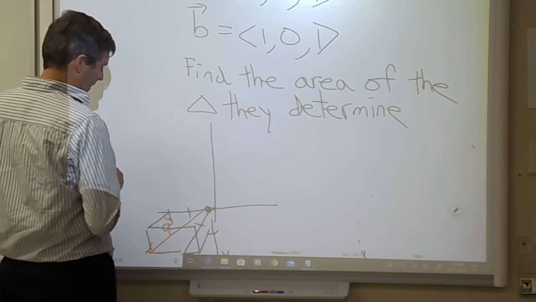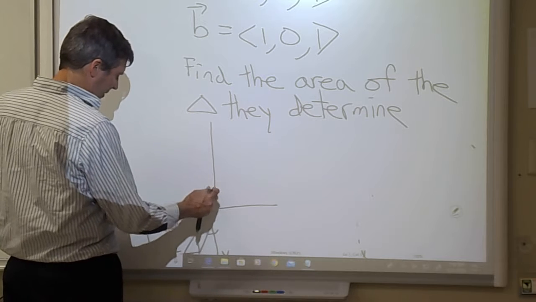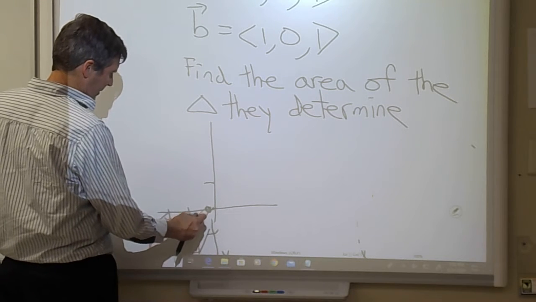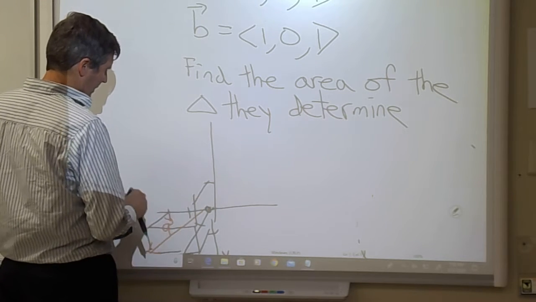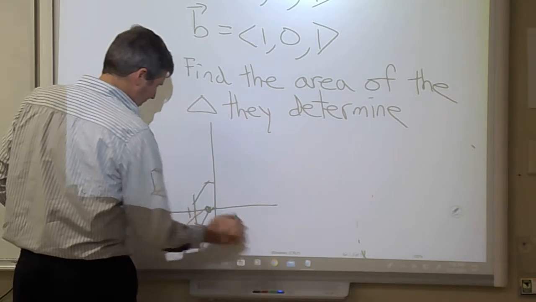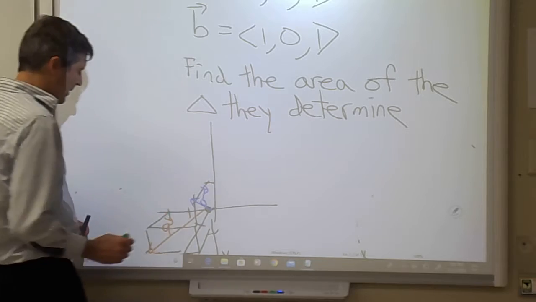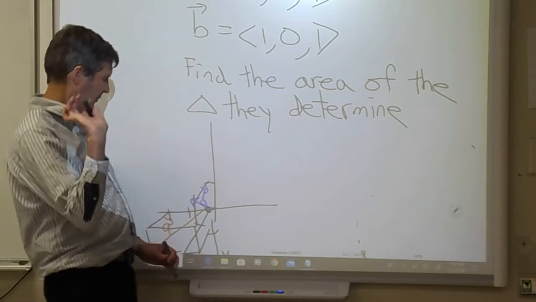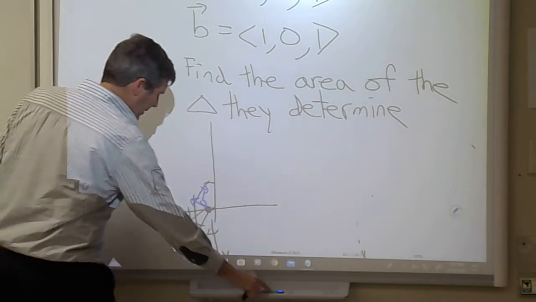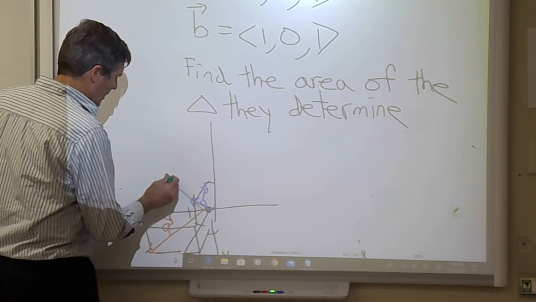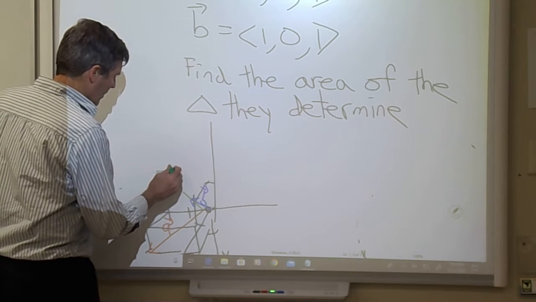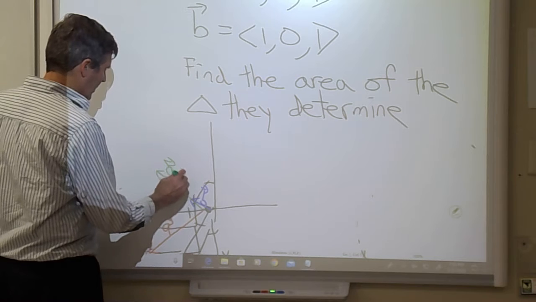So we go 1 in the x direction and 1 in the z direction. And here's the vector B. Now we want to take A cross B, so we're going to get something pointing out in this direction, by the right-hand rule.